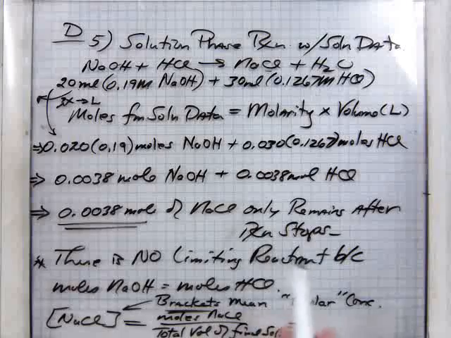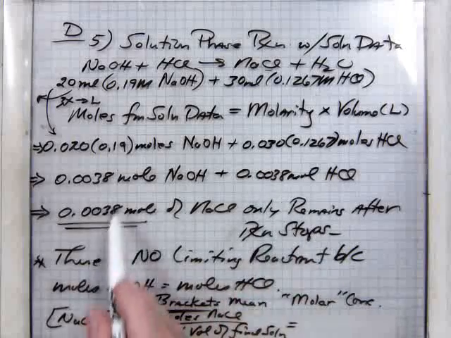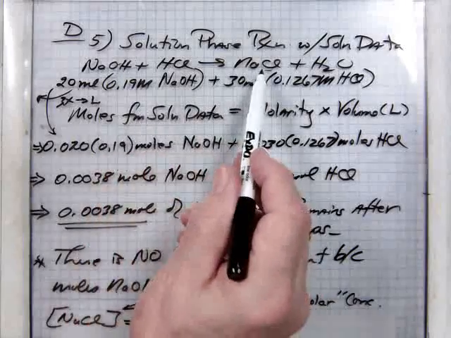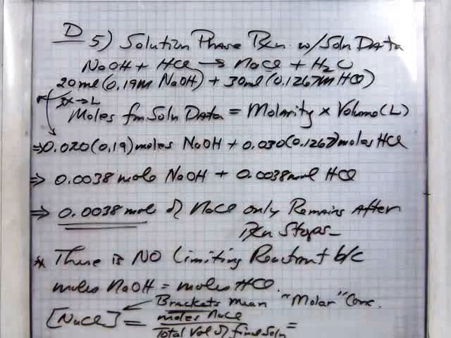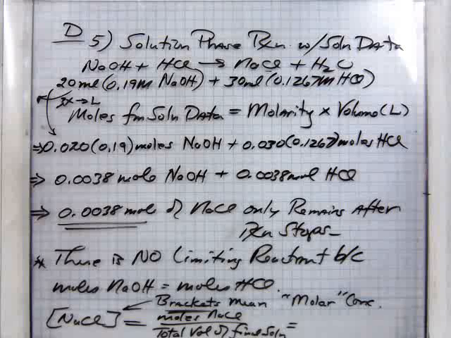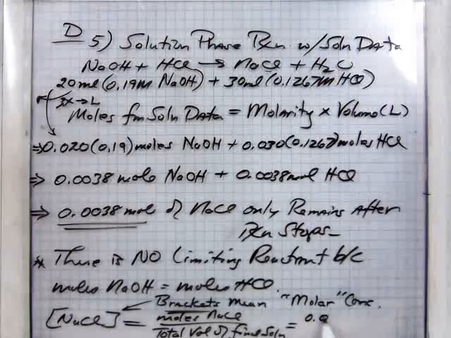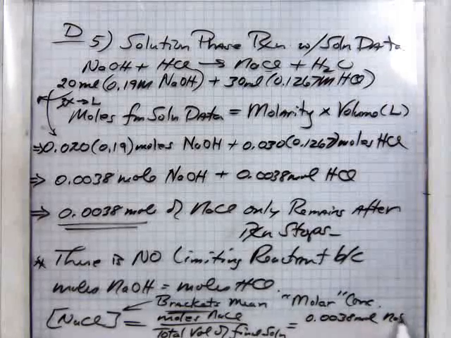Well, the moles is 0.0038 because it'd be 1 to 1, and that's all that is going to be produced. It's not 2 times 0.0038. The reaction says 1 to 1 to 1. That's it. So we have 0.0038 mole of the sodium chloride.